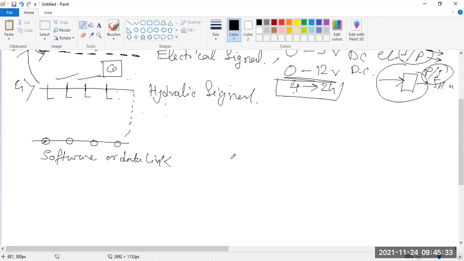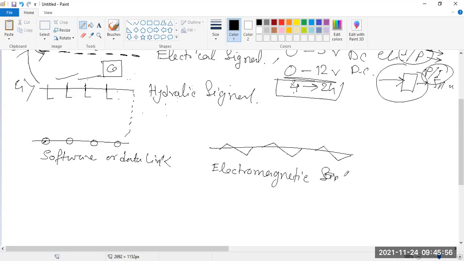Another important signal symbol is there. This type of signal is the electromagnetic signal, magnetic line, electromagnetic line or sonic signal.